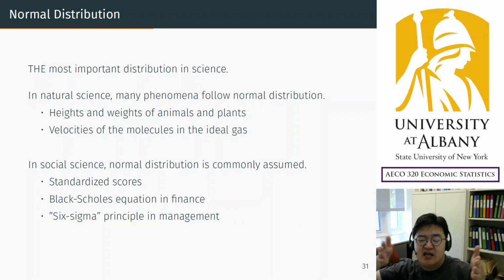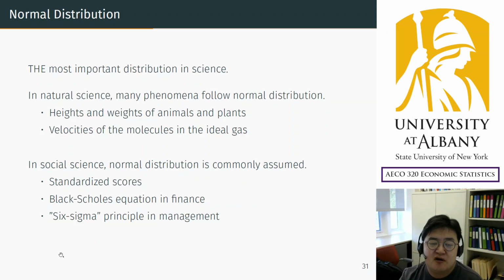So 99.999% accuracy is represented by Six Sigma. Later you will see what it means. Sigma is the standard deviation of a normal distribution, and up to 6 sigma we are going to control the quality. Anyhow, it also assumes normal distribution.